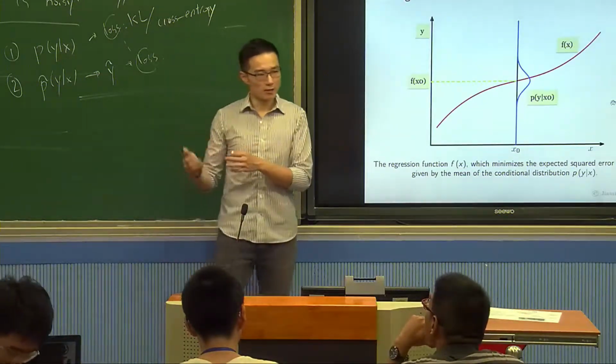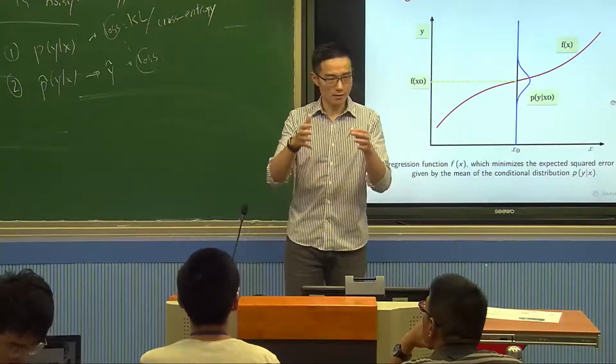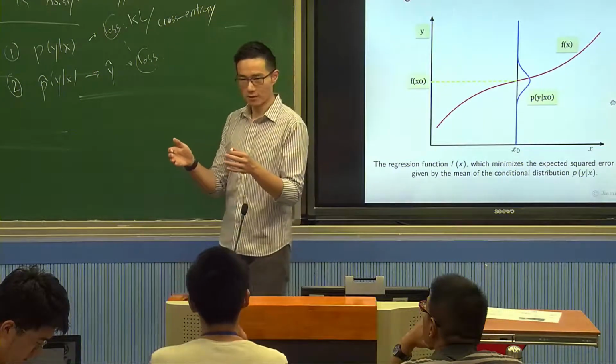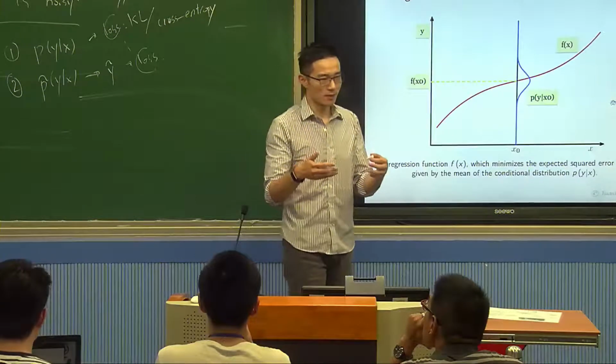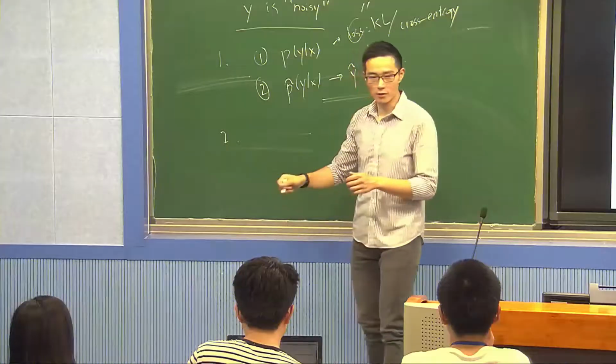What I want to say in my last lecture is that we can put them in a single coherent framework where we are both minimizing something. What we minimize is our error function, which is basically the expected loss function, and we directly try to find a function f.